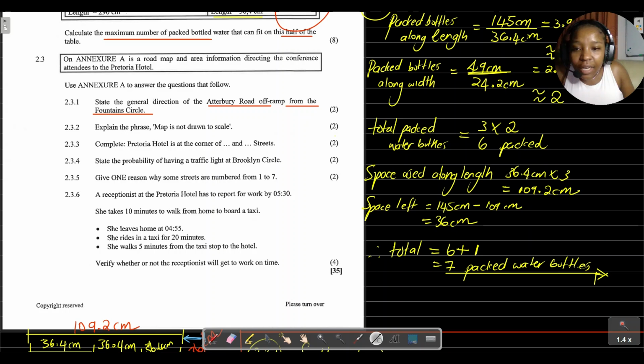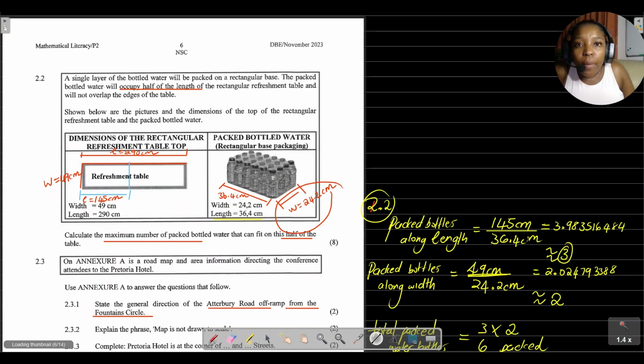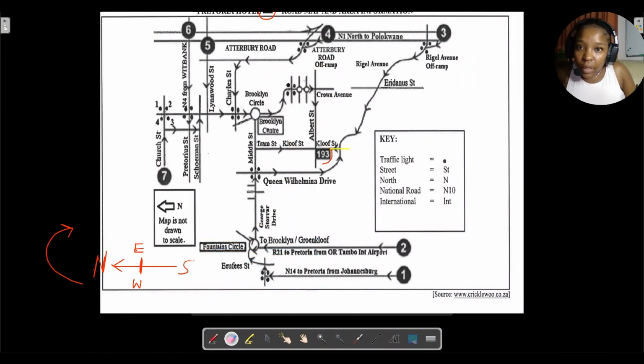Based on this question, they are asking you to determine the probability of having a traffic light at Brooklyn Circle, right? So we need to determine where is Brooklyn Circle, okay? You'll see that this is where Brooklyn Circle is. It's there. So what's the probability of having a traffic light there? 0, okay? It's 0. There are no traffic lights there at Brooklyn Circle, okay?